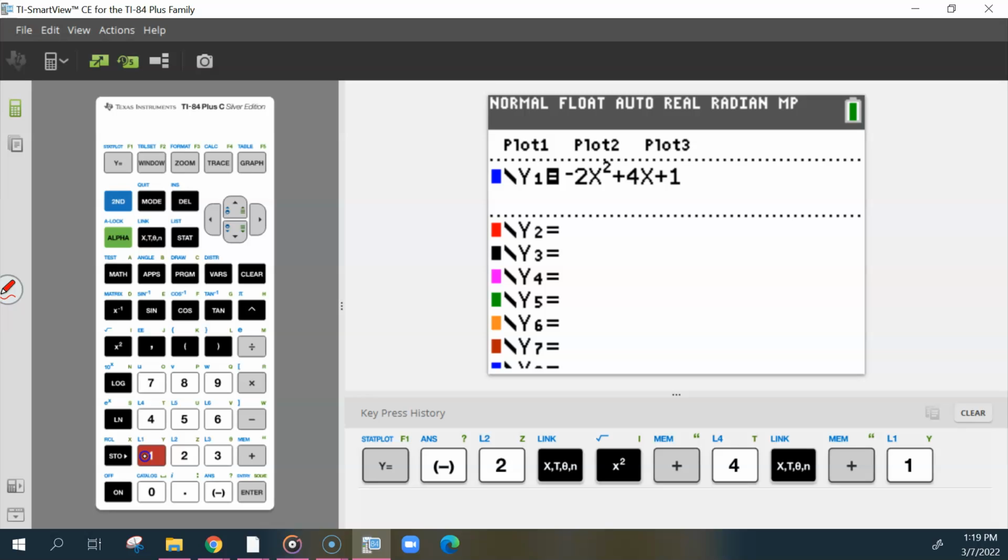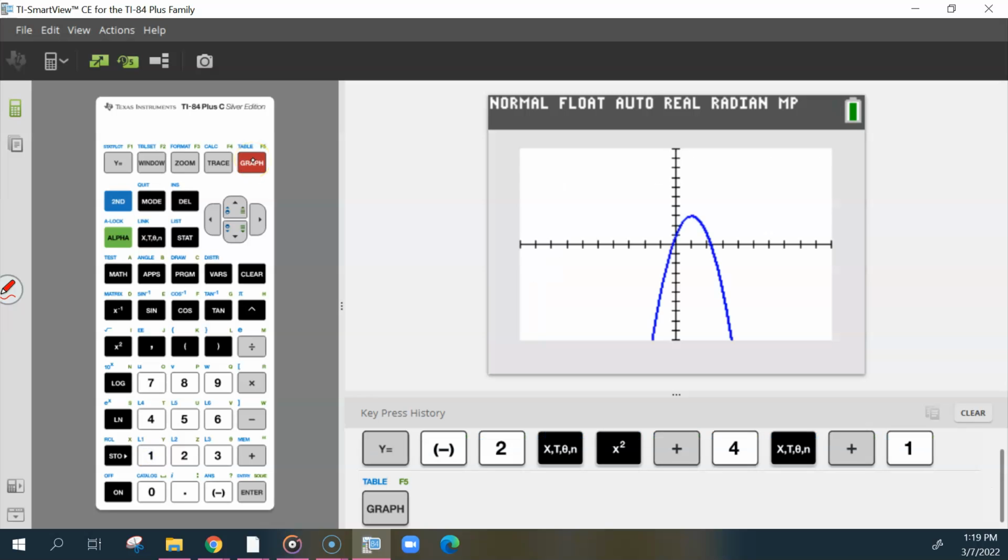Once you have this in your calculator, you're going to hit graph. And now we can clearly see that this does not cross on the grid line exactly, and neither does this. So it's going to be some decimal.